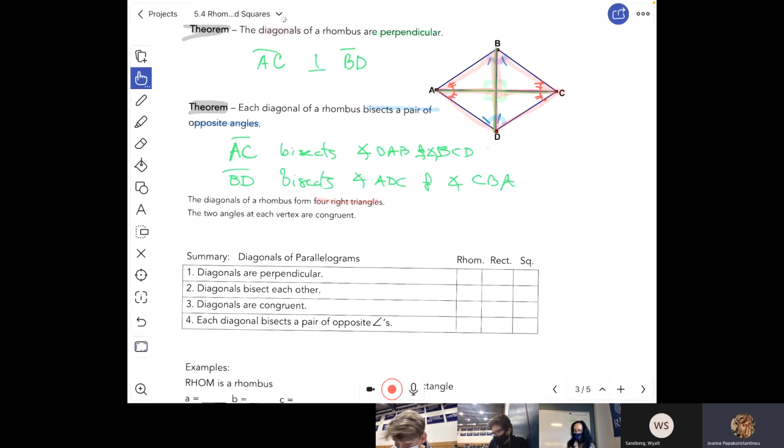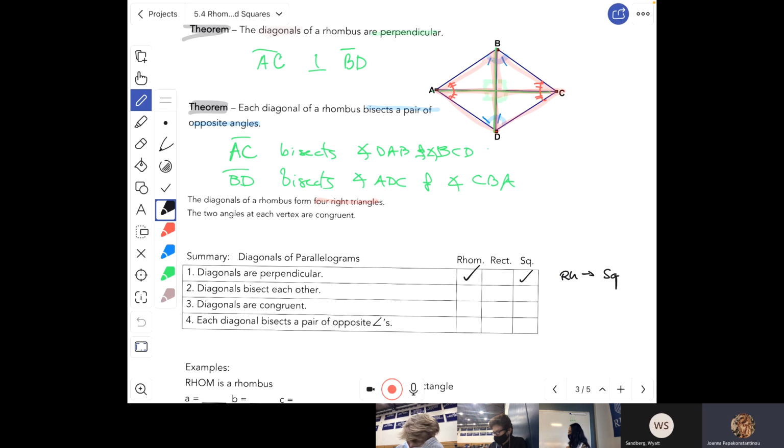So the diagonals are perpendicular. And, right, because remember the rhombus passes down the properties to the square. Okay, diagonals bisect each other. All of them. And even a parallelogram, right?